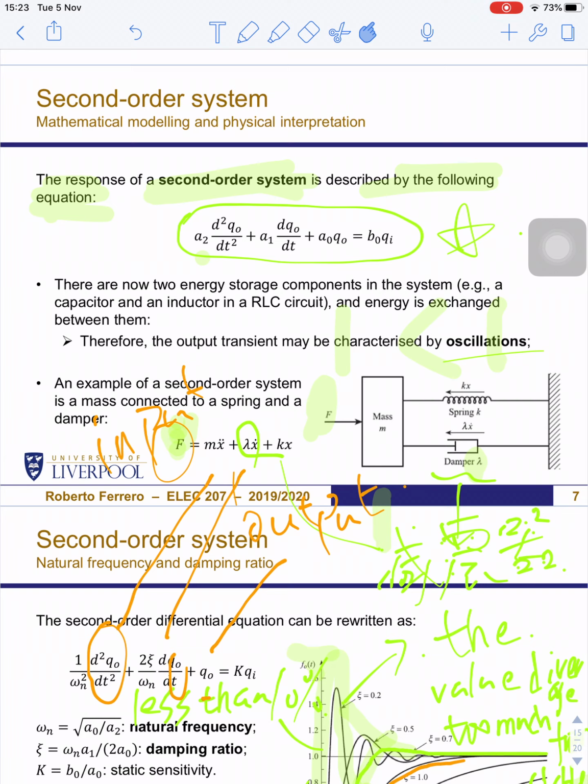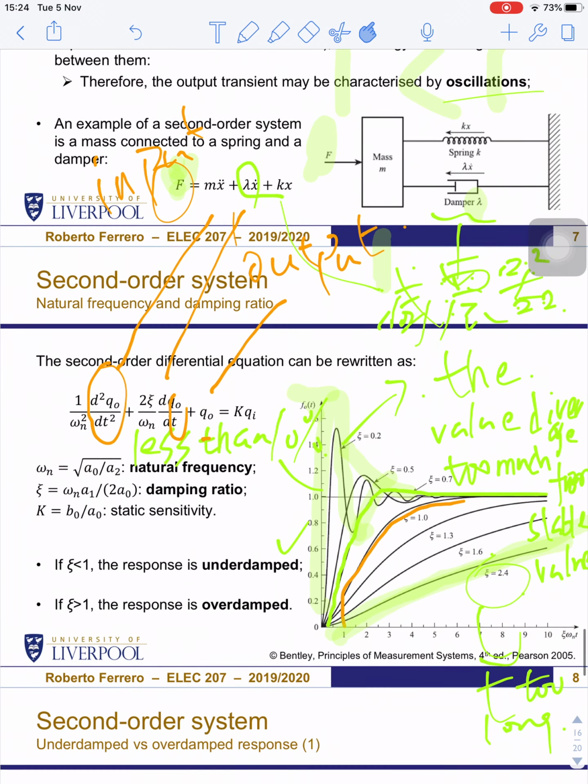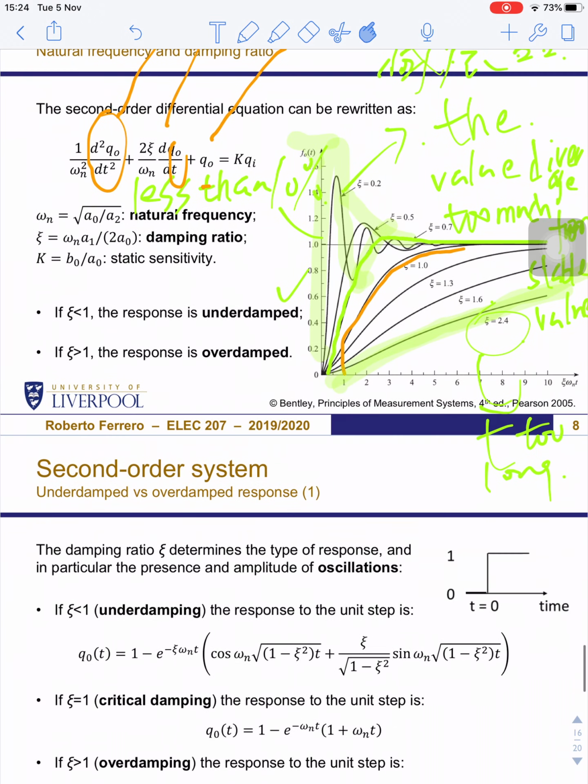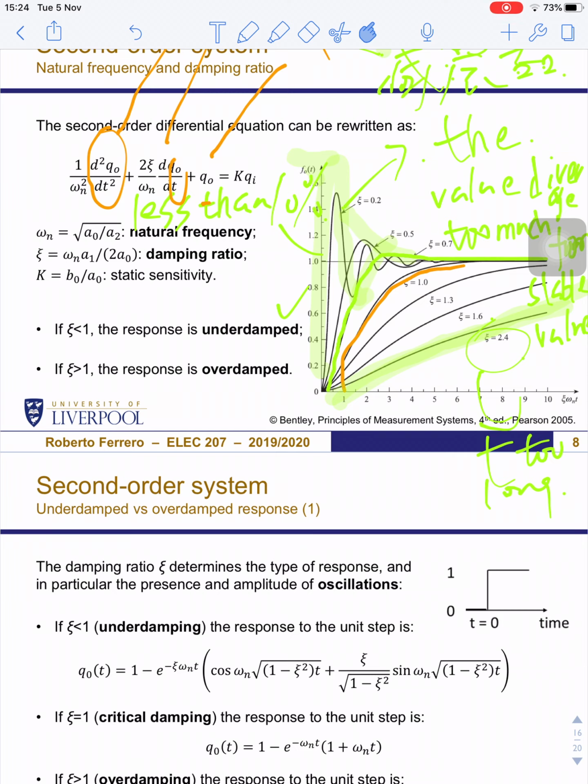We know that F equals ma, and the damper is like lambda times v, and F equals kx. So F is the input and x is the corresponding output. Then the second order differential equation can be written as this.